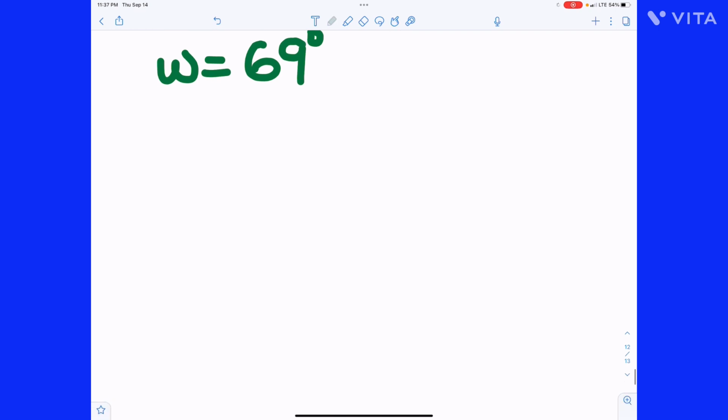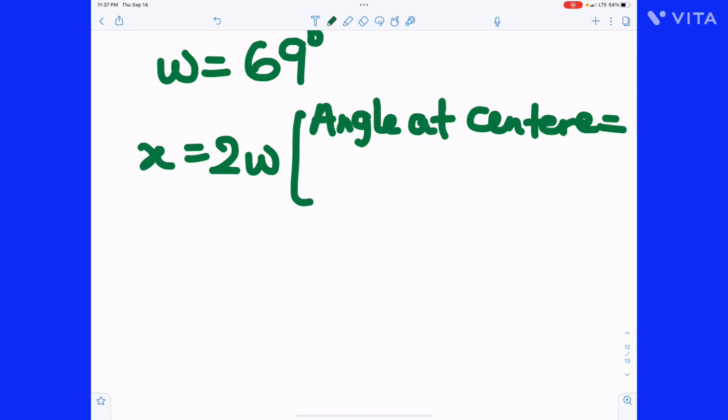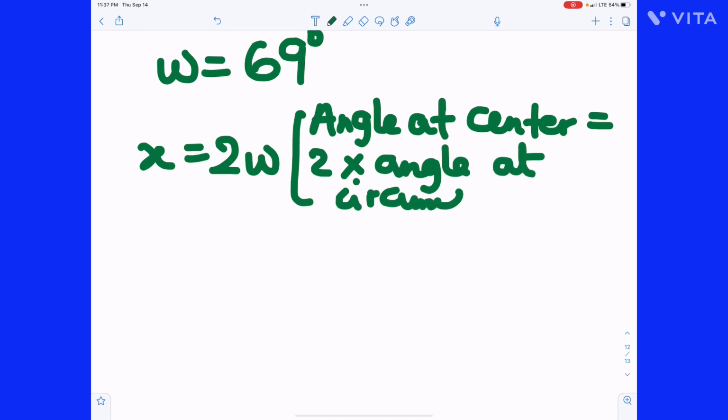So let's now go get X. X is 2 times W. Angle at center is 2 times angle at any point on the circumference.